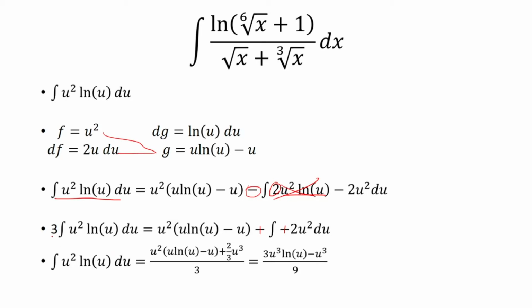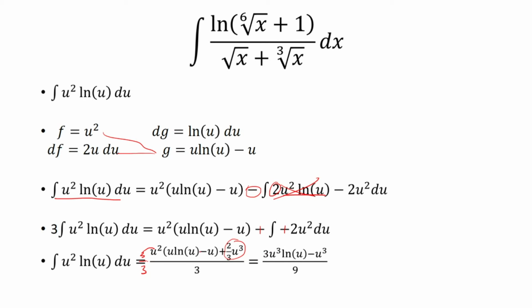Then I'm going to divide everything by 3 because I want only the integral of u squared ln of u. So divide everything by 3. Then I integrated 2u squared as 2/3 u cubed over 3, and I multiplied top and bottom by 3. So that went over here.